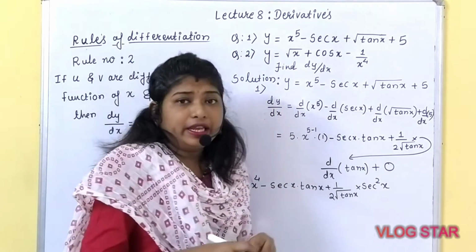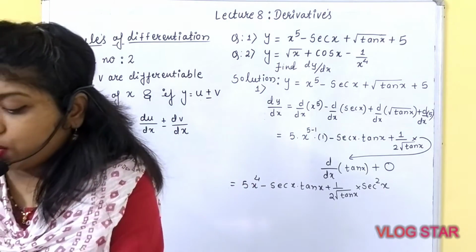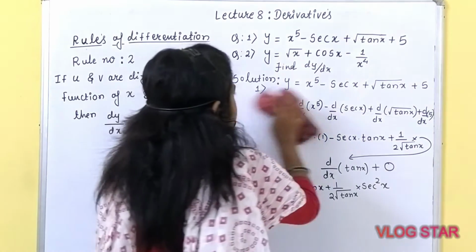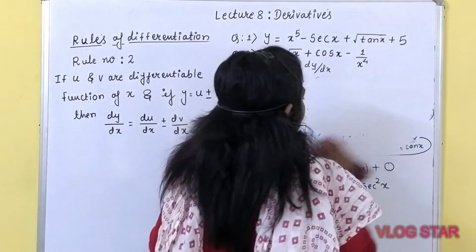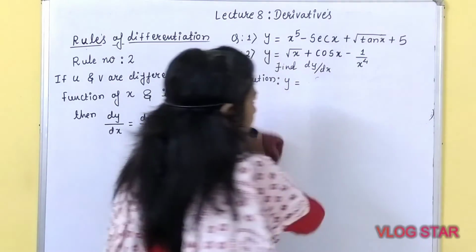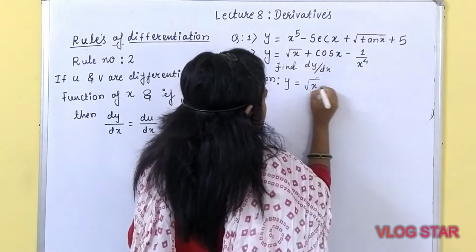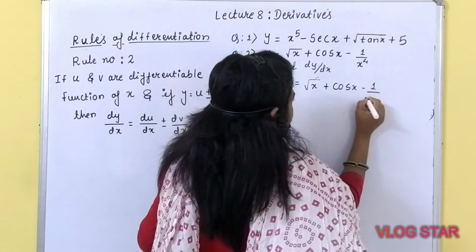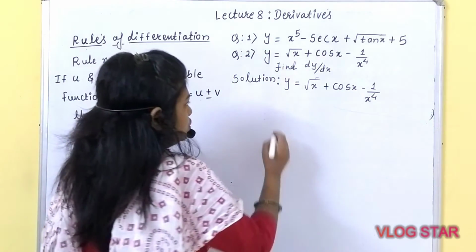Now similarly, we'll solve question number 2. y is equal to root x plus cos x minus 1 upon x raised to 4.